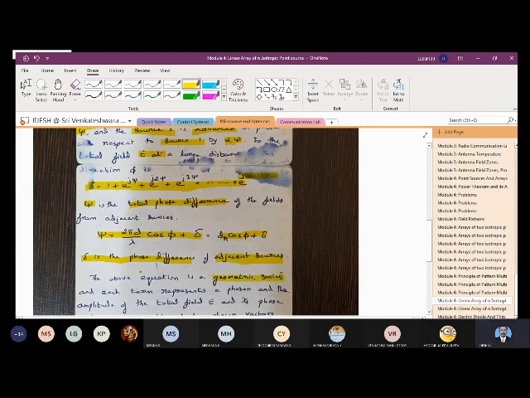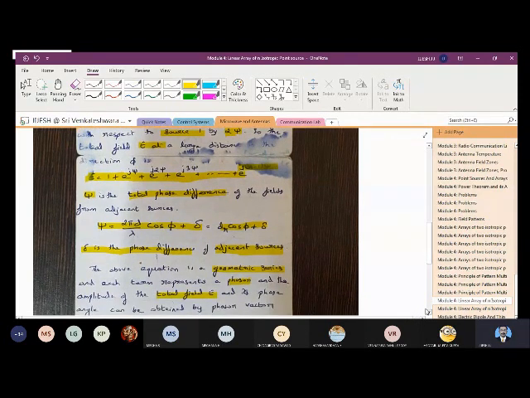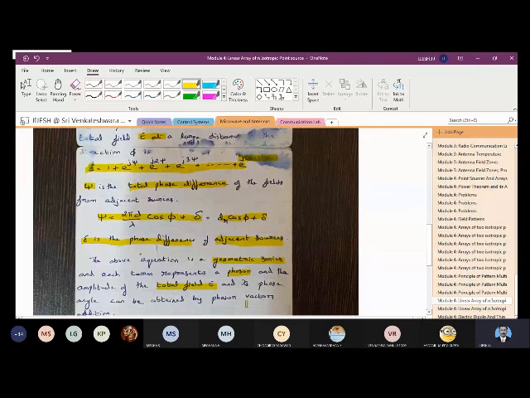So the above equation is in the form of a geometric series, and each term represents a phasor. The amplitude of the total field E and its phase angle can be obtained by phasor vector addition. So this we are going to see now.